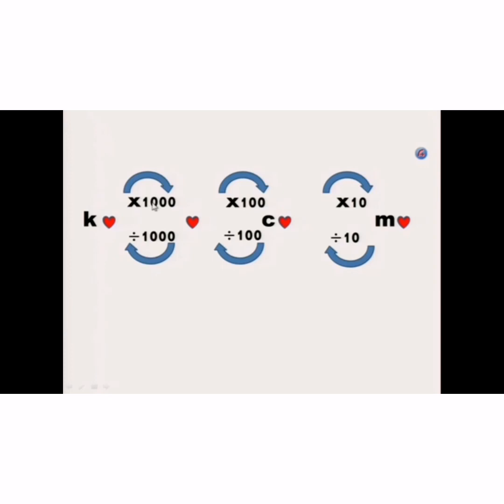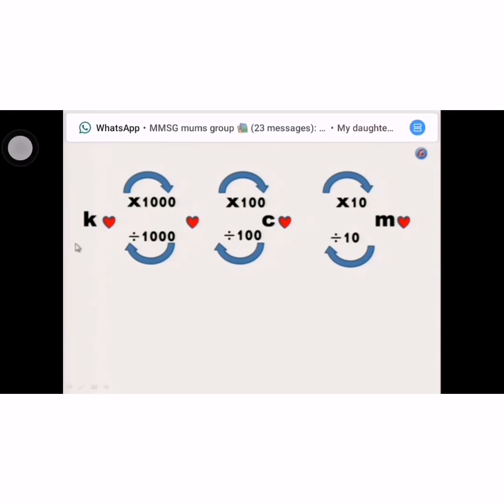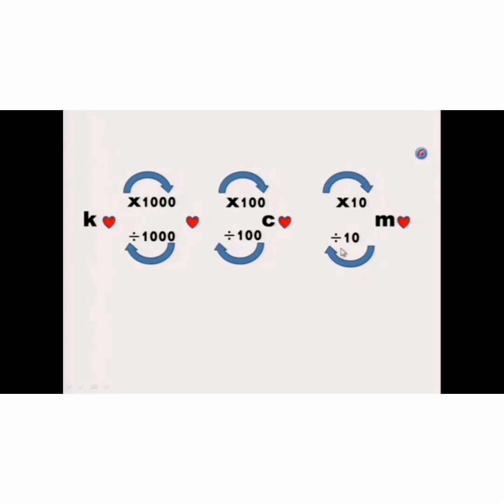Can you see that every time 10 is lost, if I move from left to right, 1000, 100, 10, it's the same in both cases. But look now, if I move from this side to that side, in other words, from a small unit to a bigger unit, I divide instead of multiply.